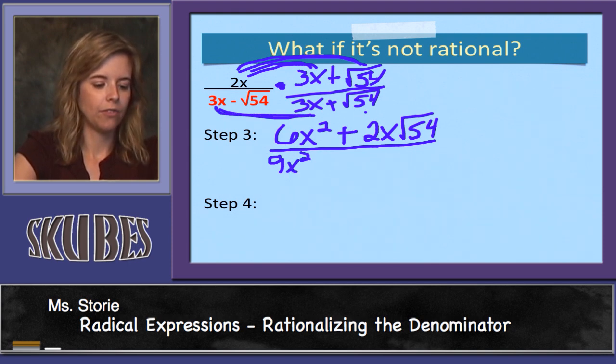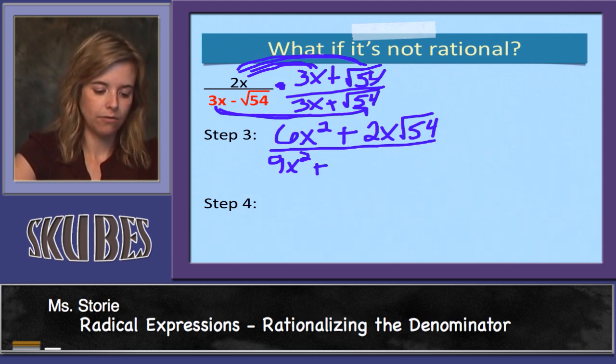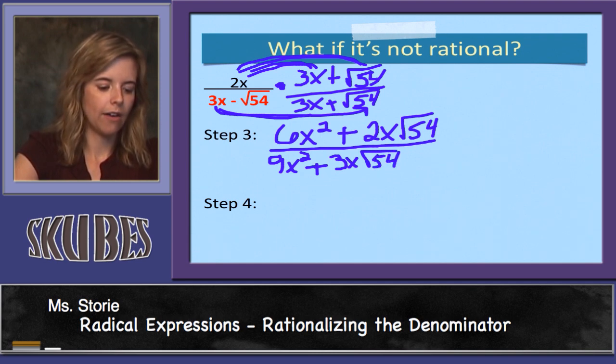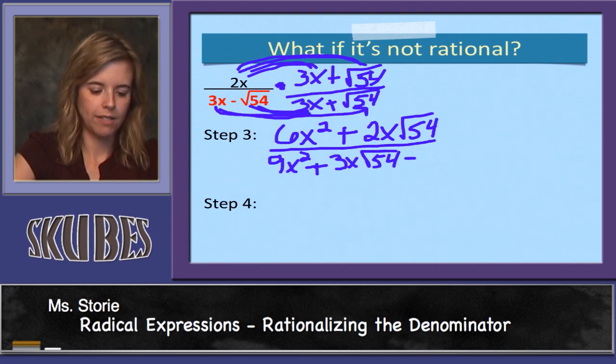Then you're going to have 3x times radical 54, a positive 3x radical 54. You're going to have a negative radical 54 times 3x, which makes it a negative 3x radical 54.